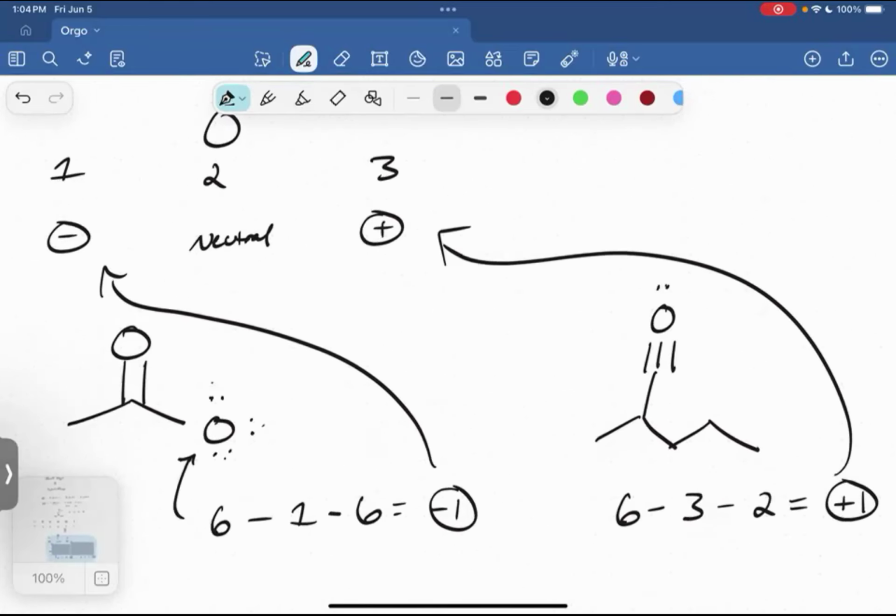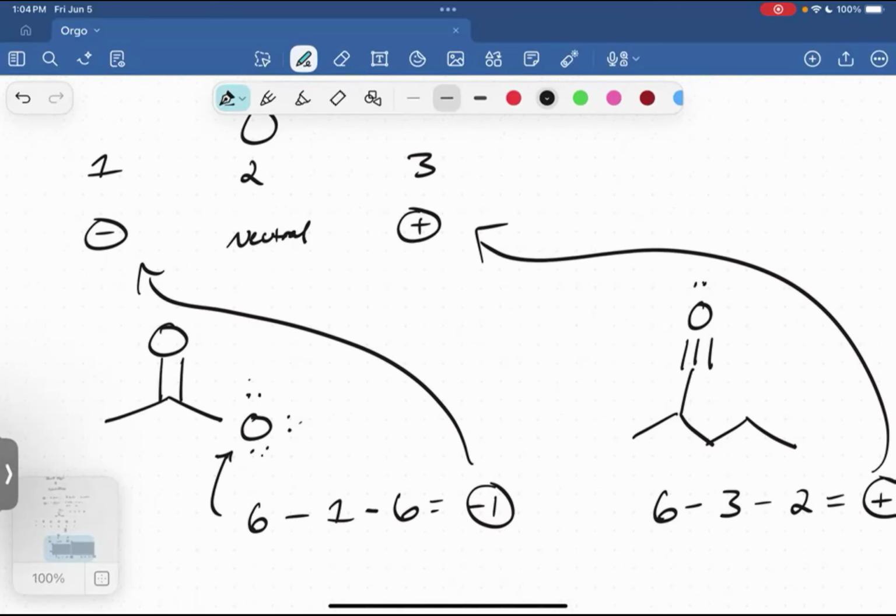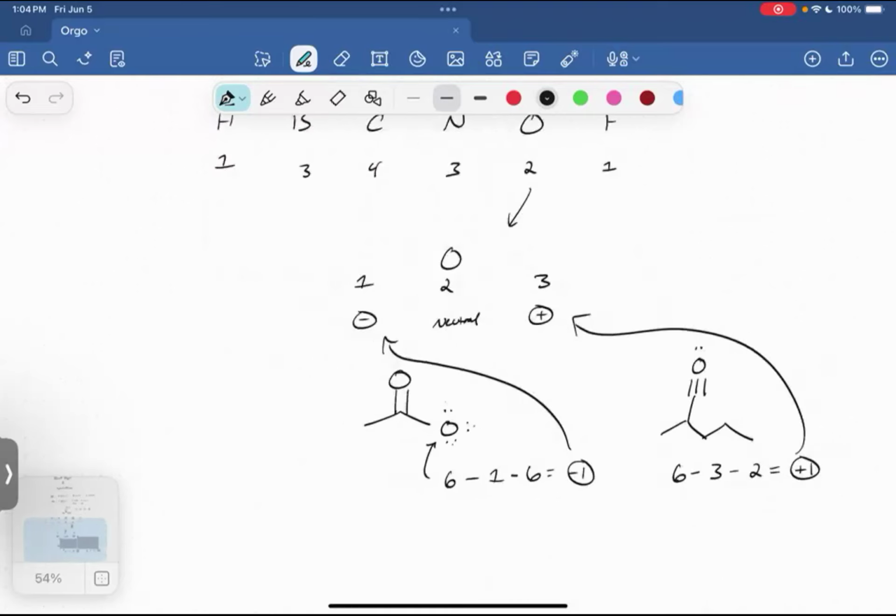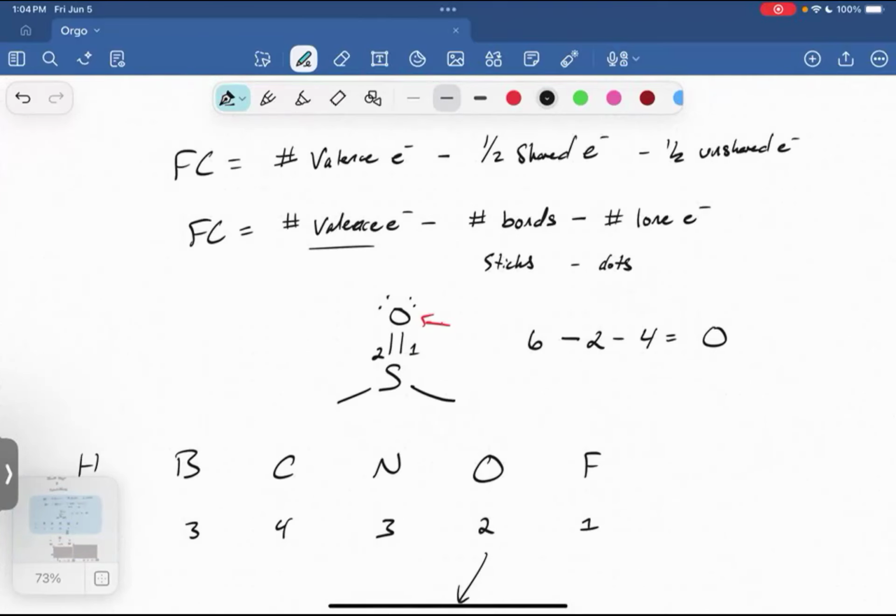That is a very easy pattern to recognize when you're looking at molecules. If you see an oxygen that's making one bond, it's negative. If you see an oxygen making 2 bonds, it's neutral. And an oxygen making 3 bonds is going to be positive. So that's the formula for formal charge.